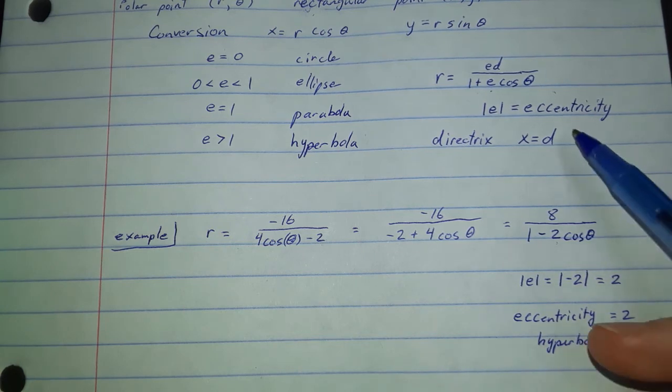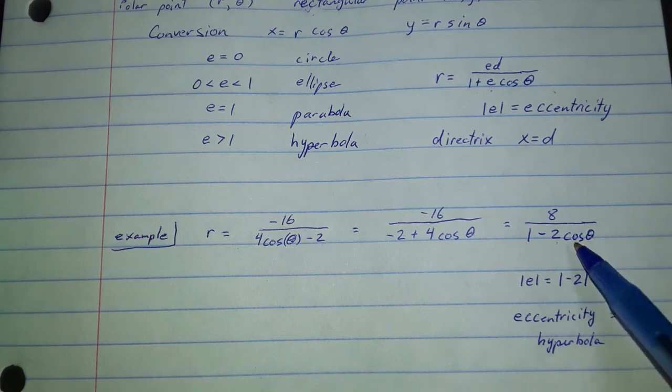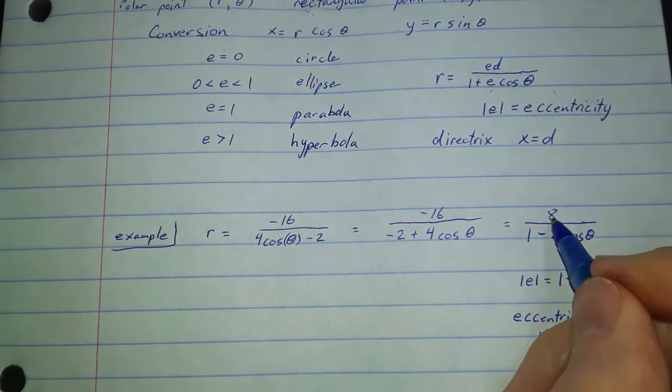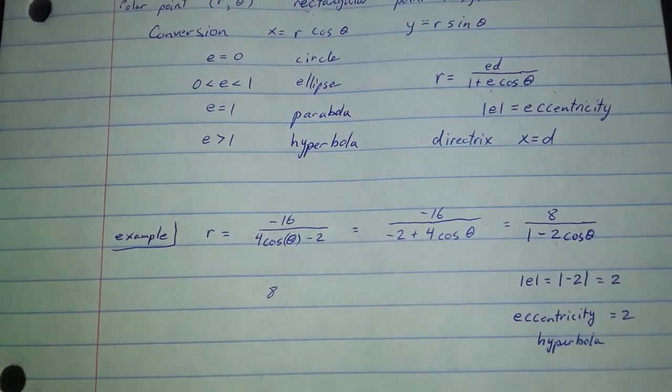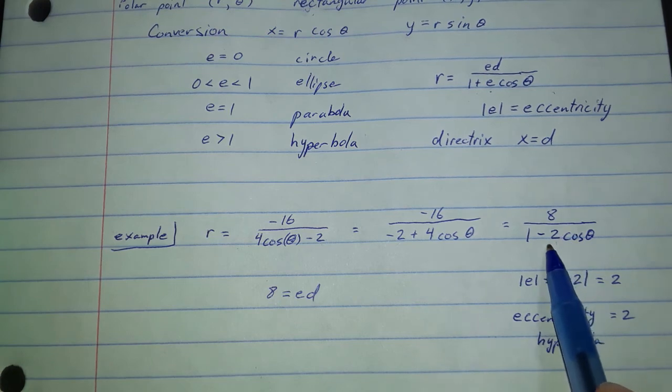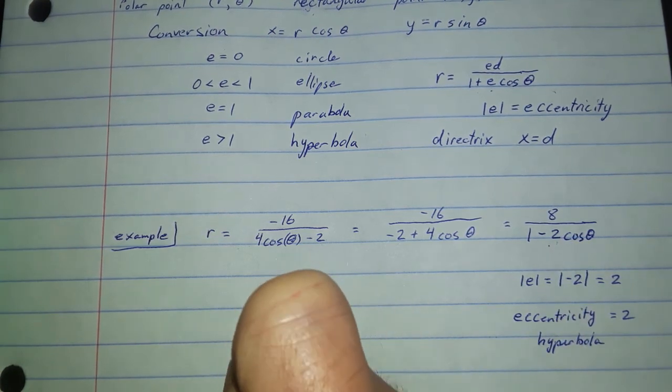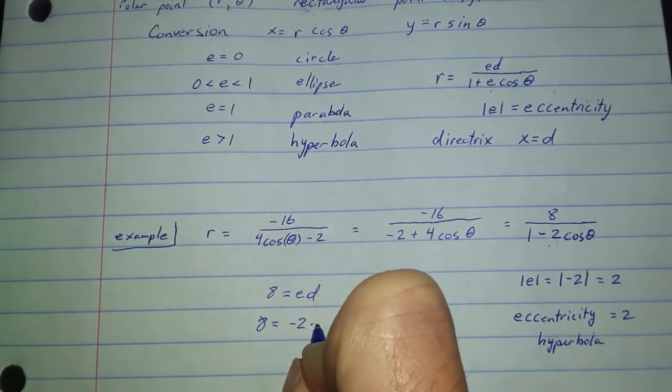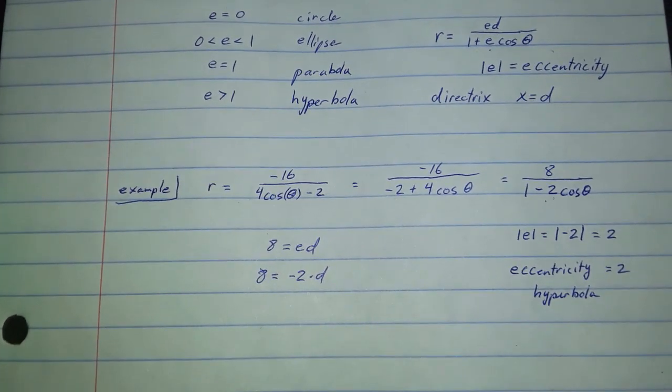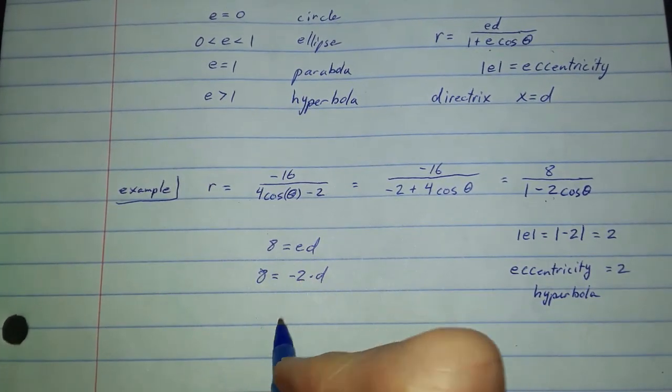And now I want to find the equation for the directrix. So we're at cosine, so we have x equals something. So I'm going to pull this 8 over to the side. 8 is equal to e times d. And e down here was -2. So I want to solve this. So I'm going to divide both sides by -2.